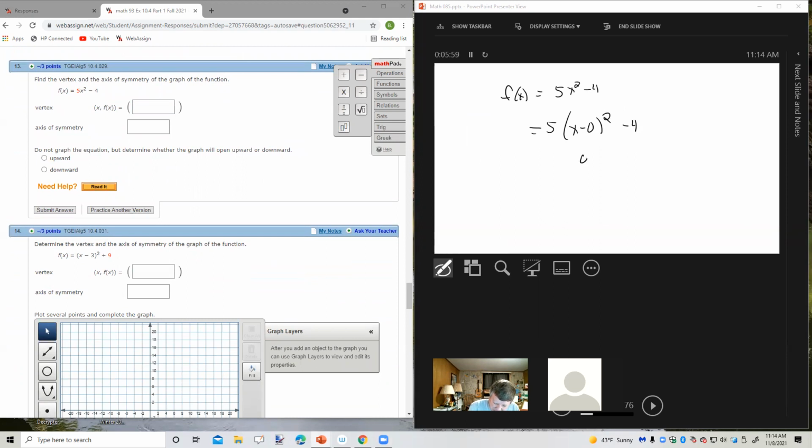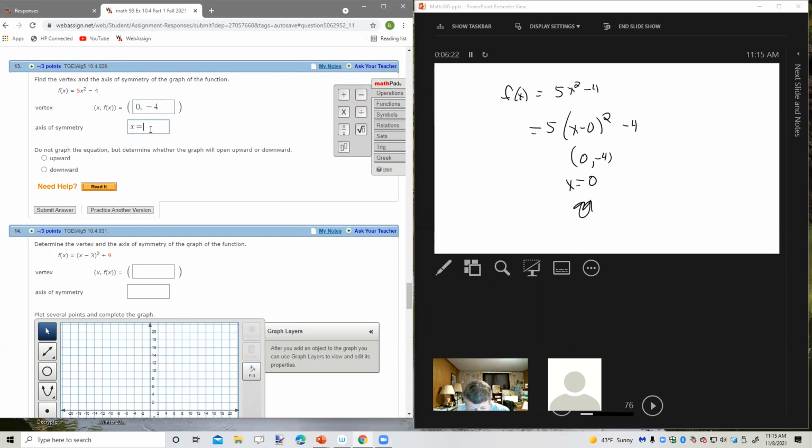So the vertex is at (0, -4). The axis of symmetry is at x equals 0. And this thing opens upwards because a is 5. Are you following that? You see where I'm getting the 0? Yes, I am. Excellent.